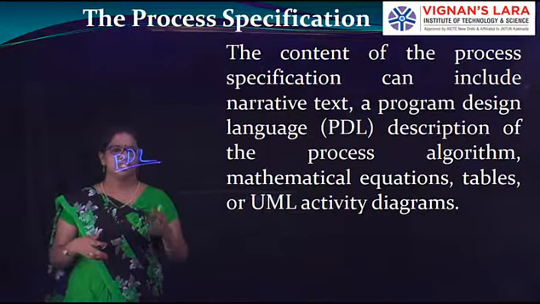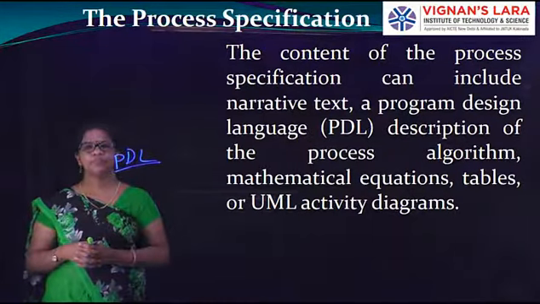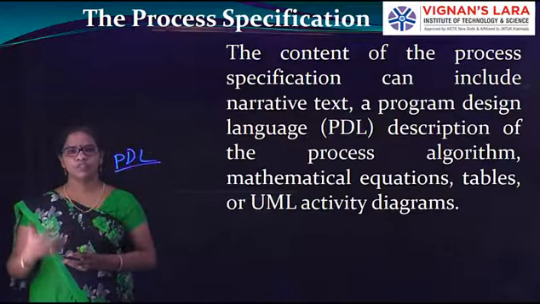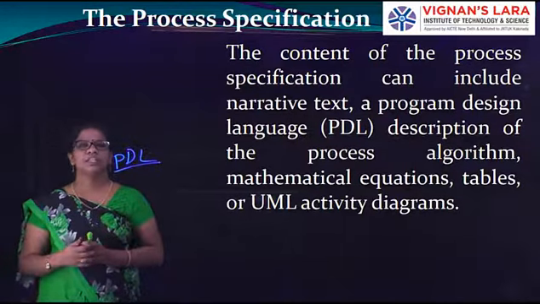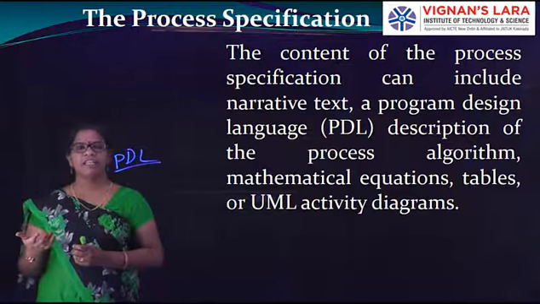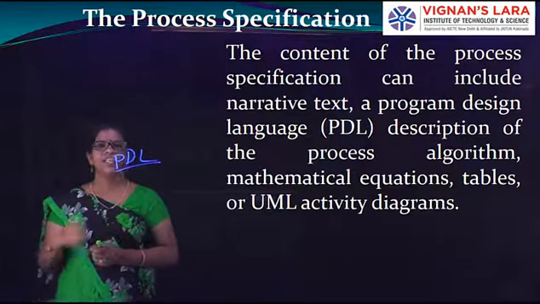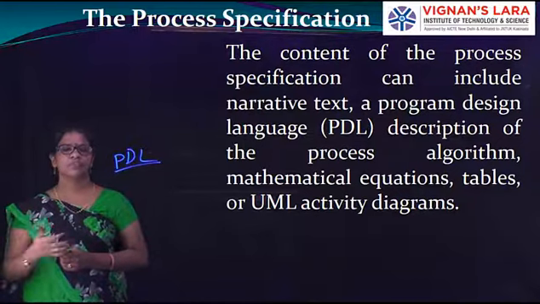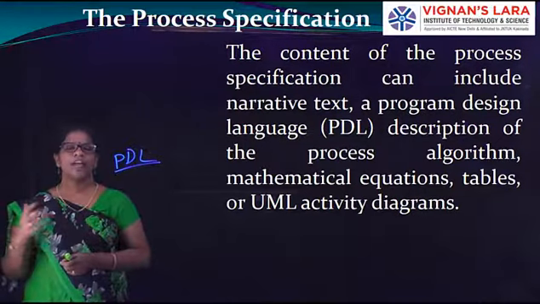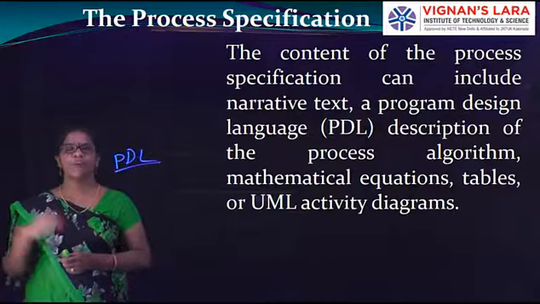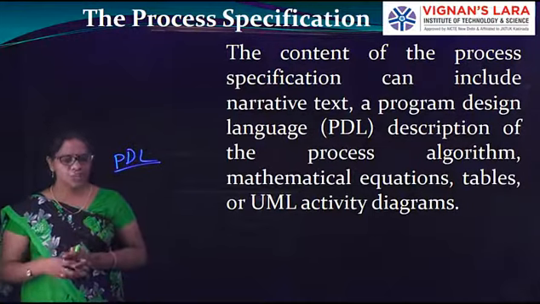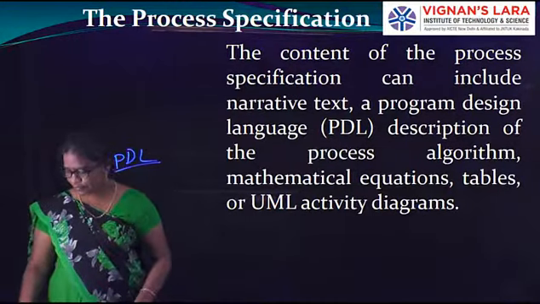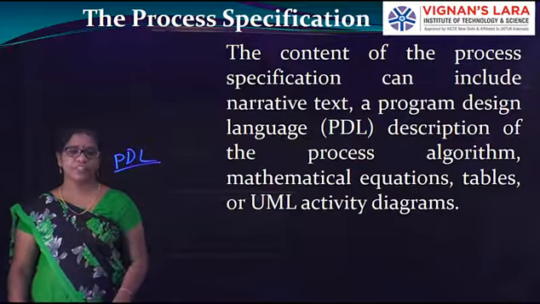And the description of the process algorithms: whatever algorithms you used in the software, we have to describe those. Any mathematical equations we have to describe. Any tables, if there is any backend, we have to give that description. And also some activity diagrams, showing how the process is going on. So this is the content of the process specification.